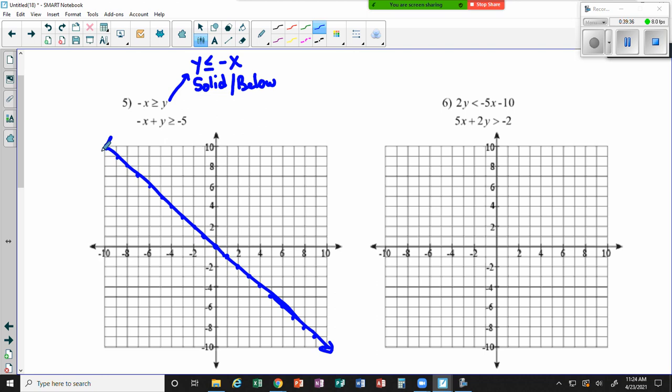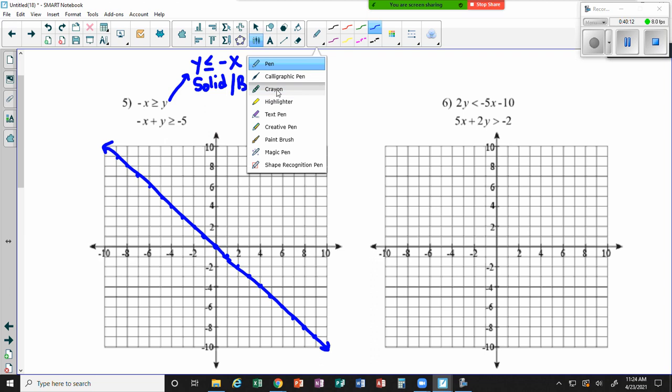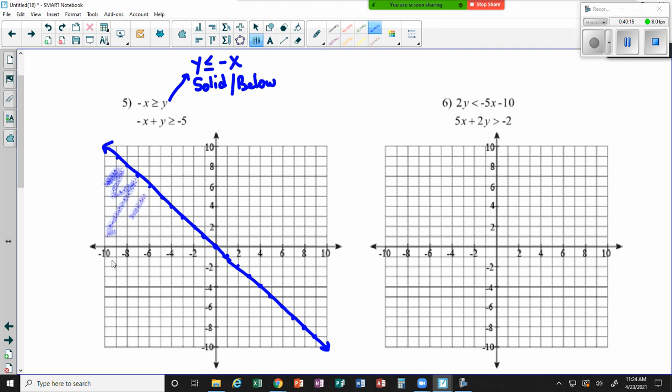We're going to shade that. Which way am I shading it? All the y values that are less than that, so below it.